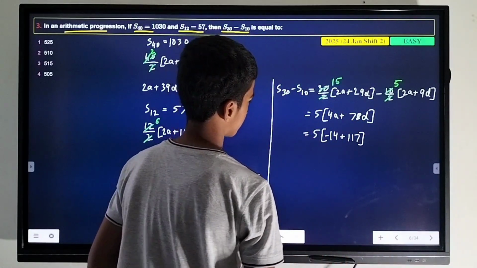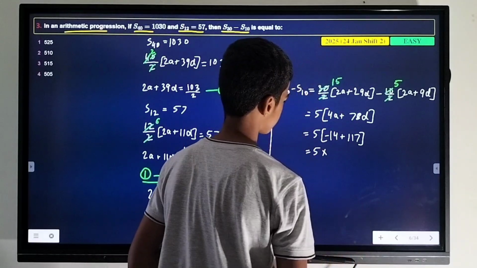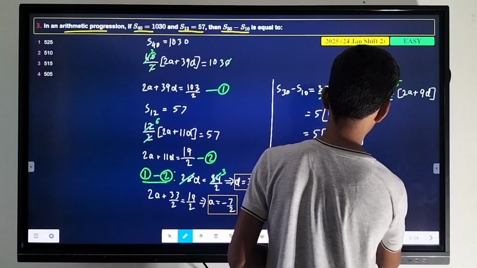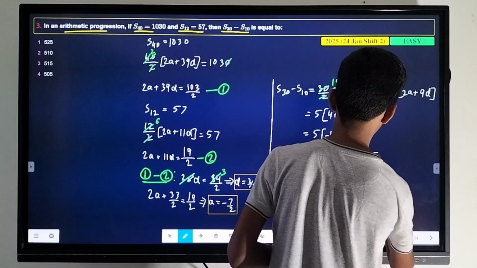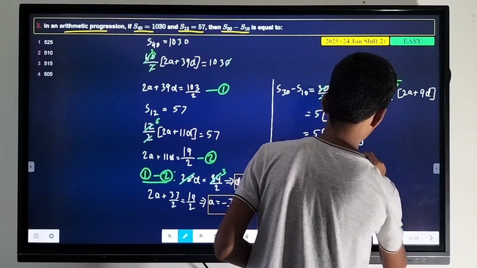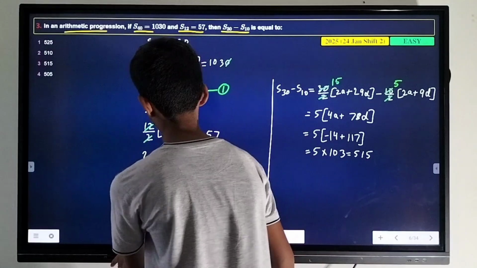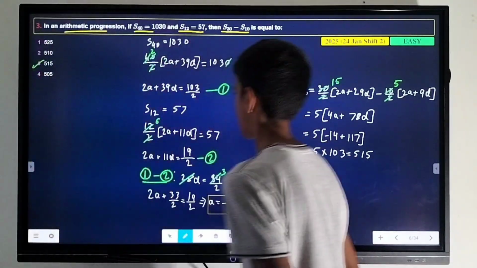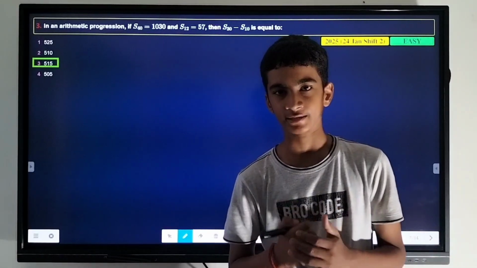So from here this is equal to 5 into 103. This is equal to 515. From here, our option 3 is correct. And here we can see that our answer matches correctly.